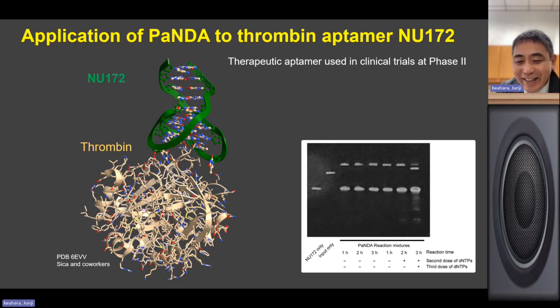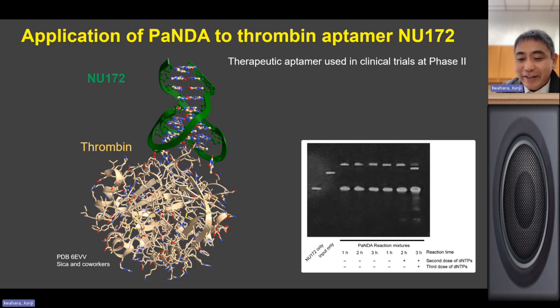But you can't, unfortunately, use high concentration dNTPs from the beginning. If you do it, some unusual process happens and you get non-specific amplification. Actually, we described such an effect in the supplementary materials of the JACS paper, so you can find such information.